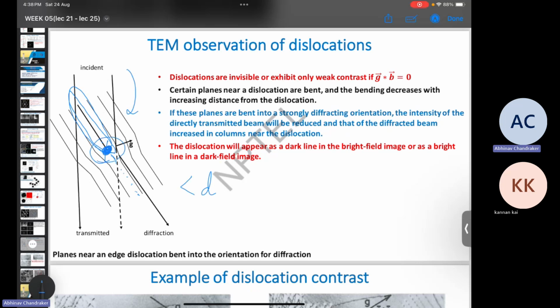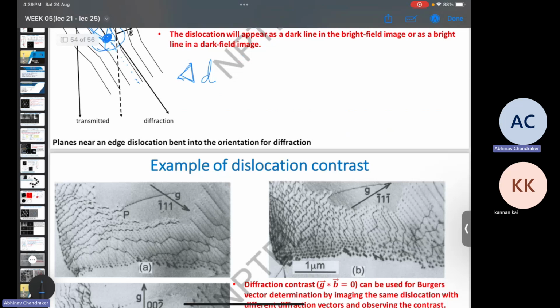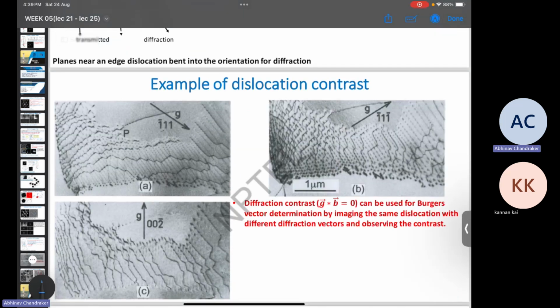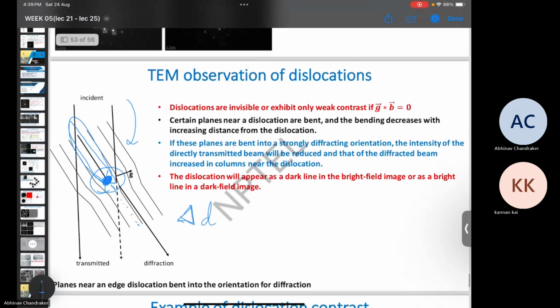So the d spacing will slightly change by some delta d amount, and this change in d spacing can be seen in the TEM images.